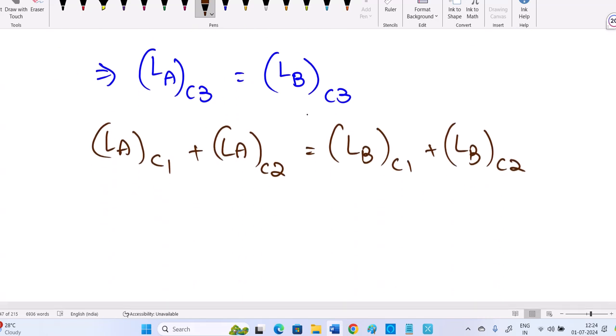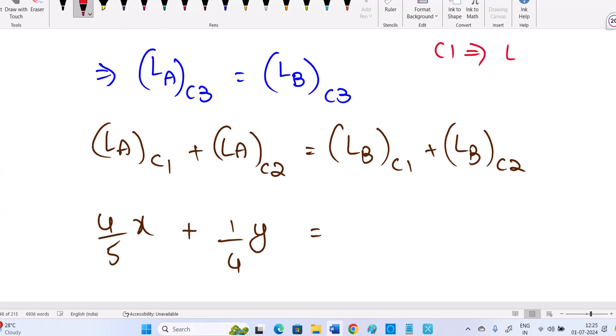I can write 4 by 5 of X. In container 2, what is the liquid A, liquid B ratio? 1 is to 3, so 1 by 4th of Y. Guys, are you understanding what is that 4x by 5 and 1 by 4y? In container 1, liquid A and liquid B is 4 is to 1.